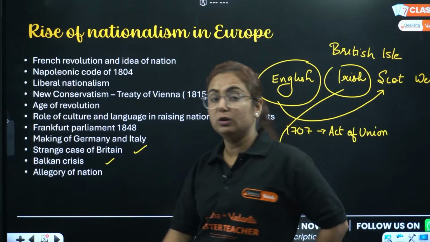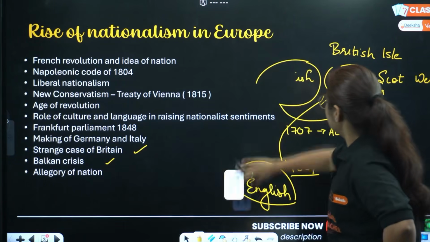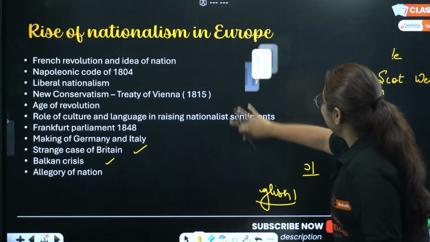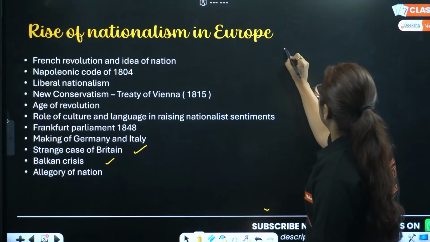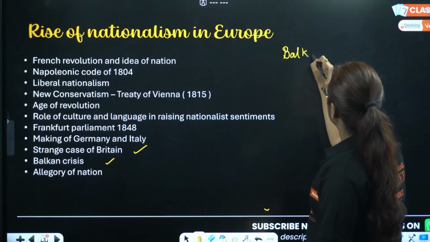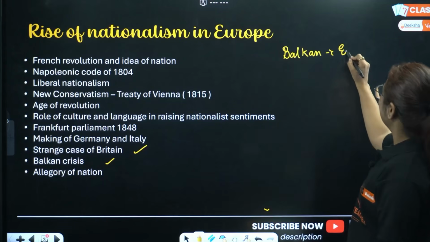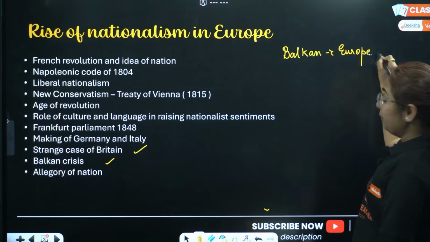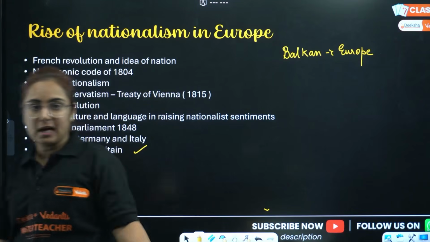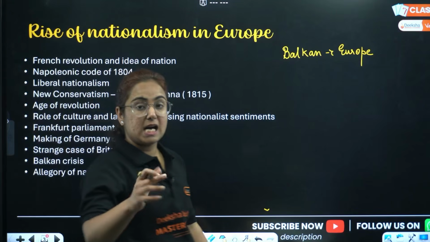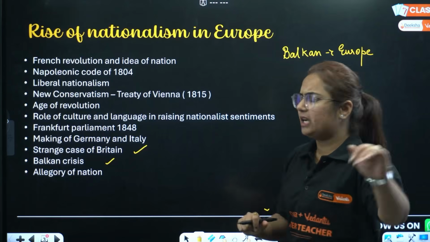Balkan crisis, we know that. So what happens? Pay attention here. Now, what is Balkan? Balkan is an area in Europe which in today's world contains so many countries like Slovenia, Greece, Herzegovina, many countries like that.